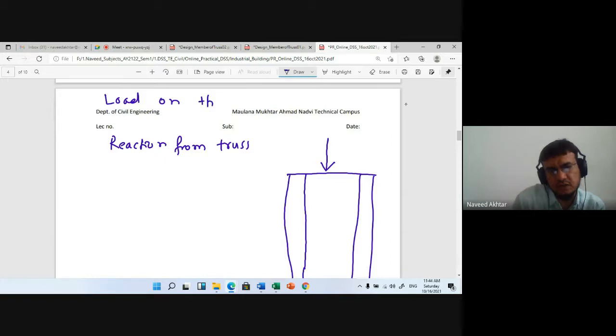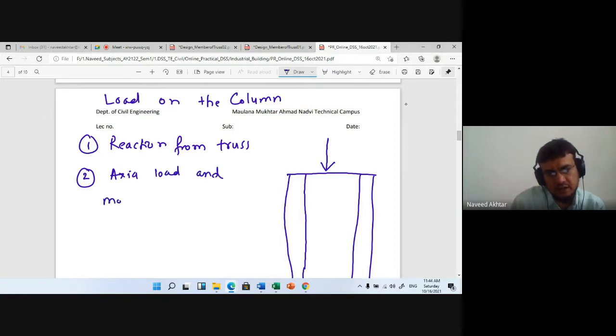So reaction from the truss is the first load. Then axial load and moment due to the gantry girder.